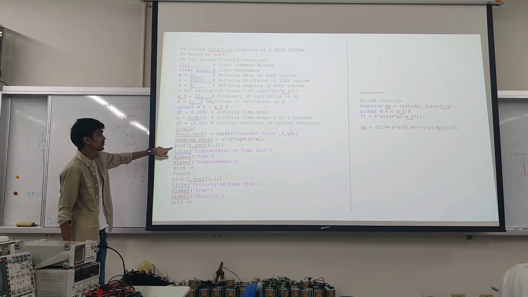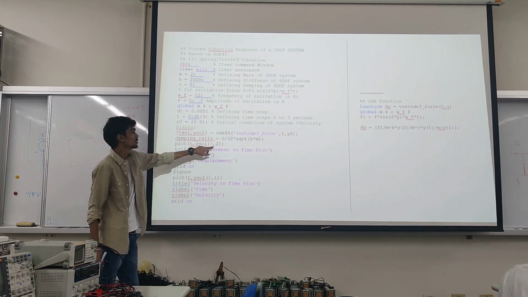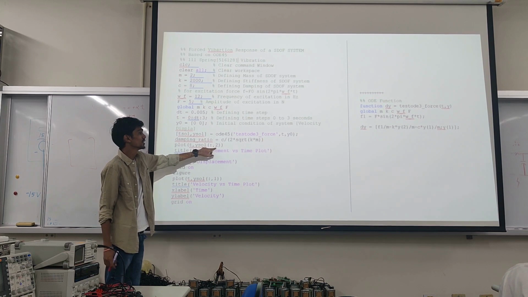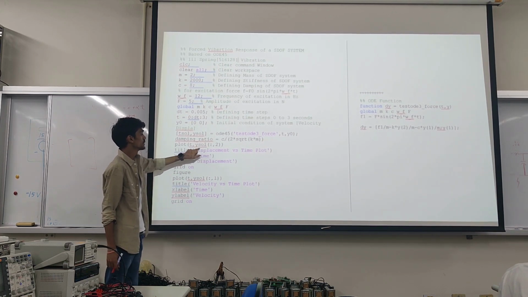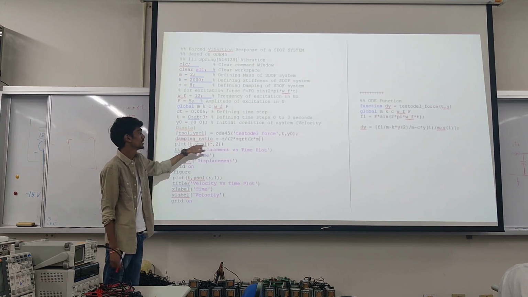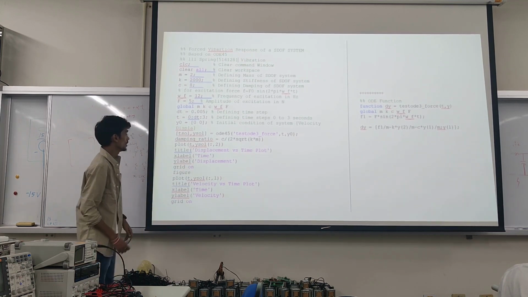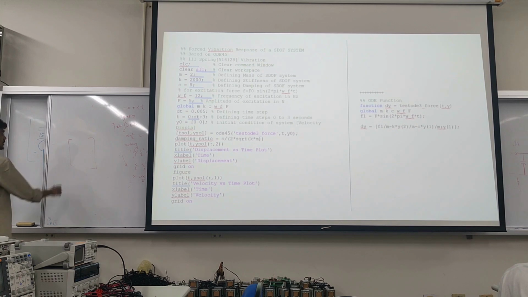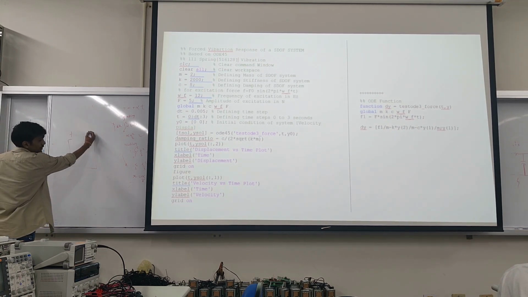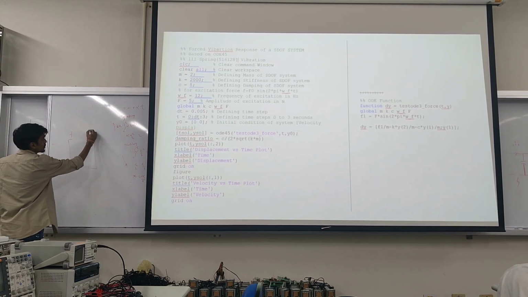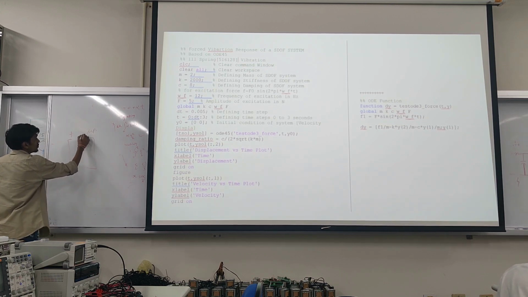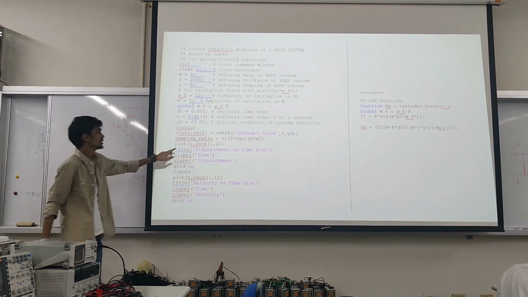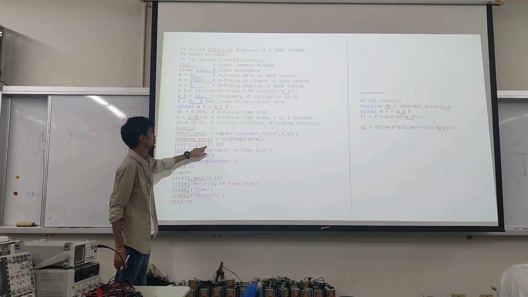Because in the plot, T comma Y solution of 2 means Y solution of 2, what it is going to define is the displacement. T is the first column and this one is for displacement. It is defined by column T comma Y solution of 2.